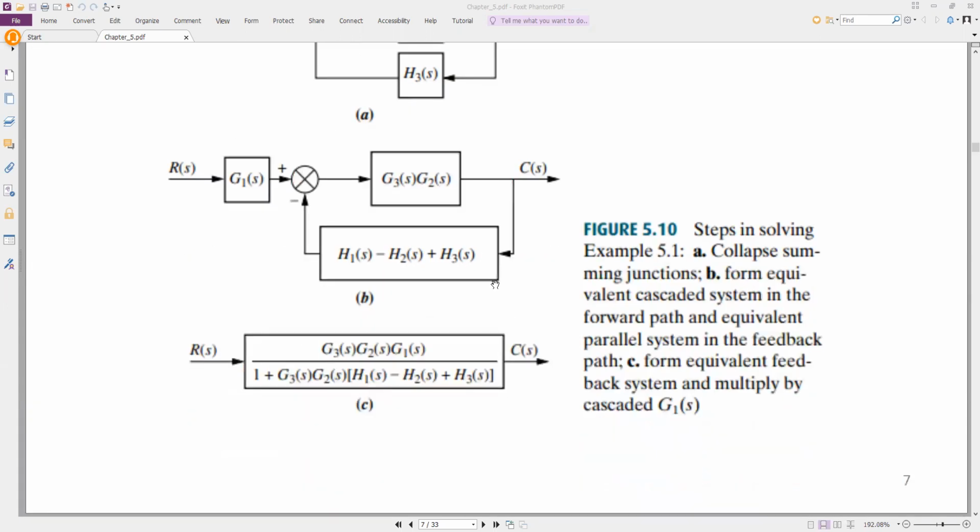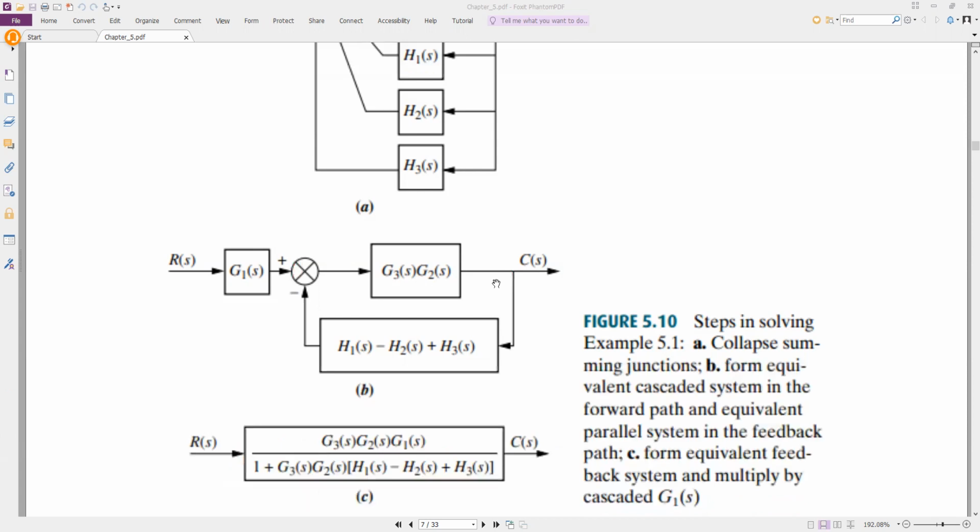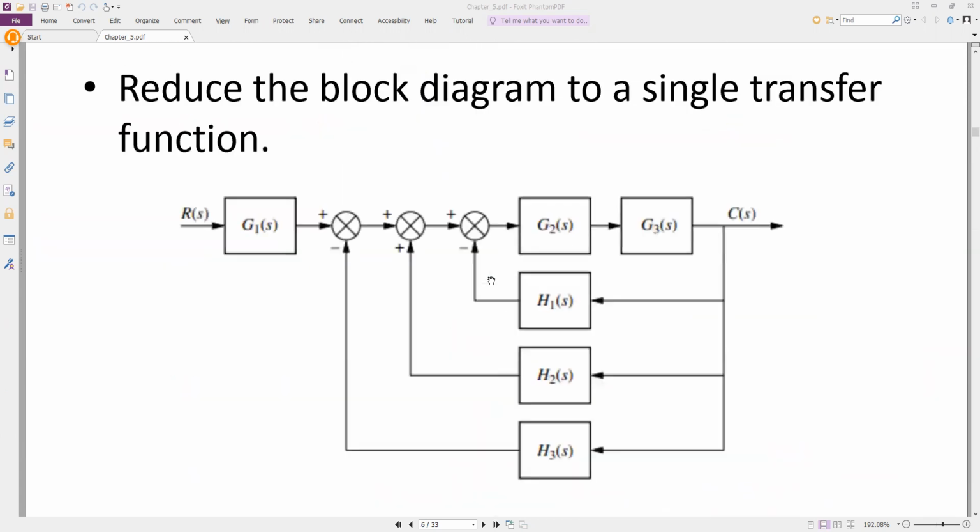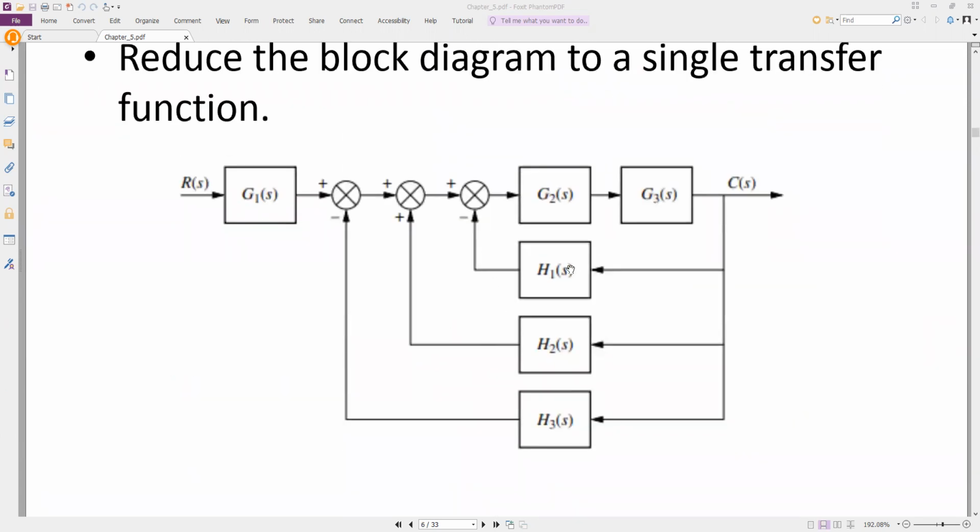Okay. So there is a way to draw it to reduce this one. So first of all, remove the summing junction, make it 1. Second part, convert the parallel subsystem into a single subsystem, that is the H1, H2, and H3.